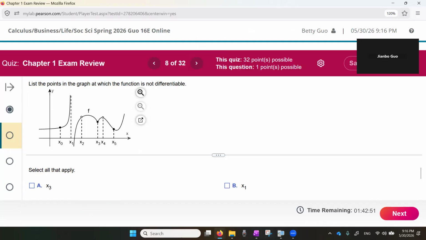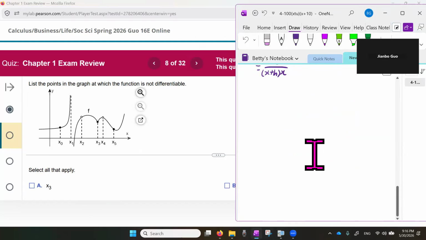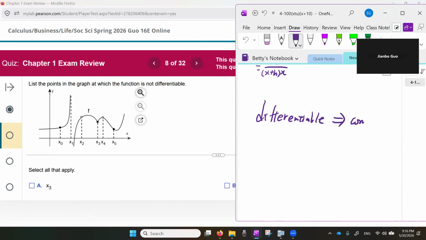So we have a very important conclusion here. Differentiable implies continuous. If a function is differentiable at a point, then the function must be continuous at the point. The contrapositive of this statement is: if it's not continuous, then it's not differentiable either.